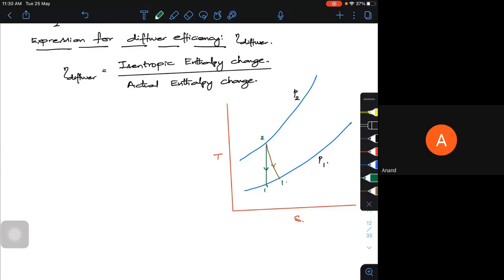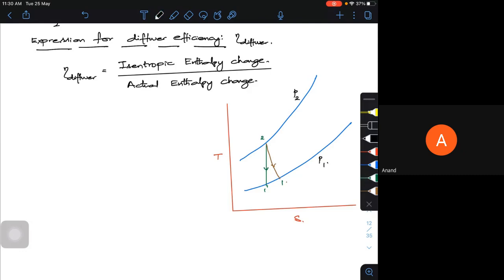So the actual is H2 minus H1, and isentropic is H2 minus H1 dash. Whether you write 1 or 2 doesn't matter. What is important is that it's a recovery of the pressure.